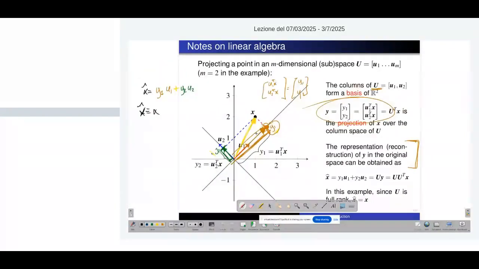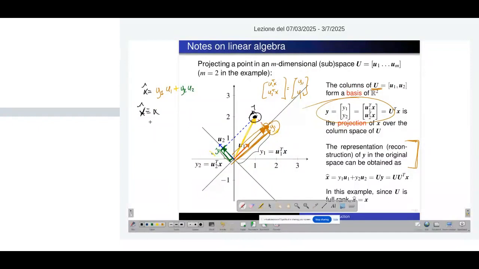You can imagine if this was a 3D plot, you can imagine that my original x was somewhere here, exactly vertical with respect to the black point. Then my original point would be here, my projection would lie on the screen surface, but my original point would still be here. So this space would be the difference between the original point and the projection that would lie on the screen surface, okay?